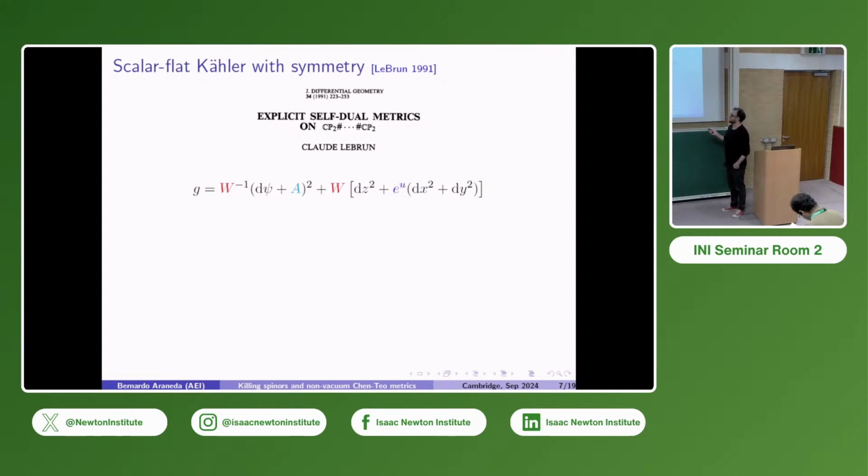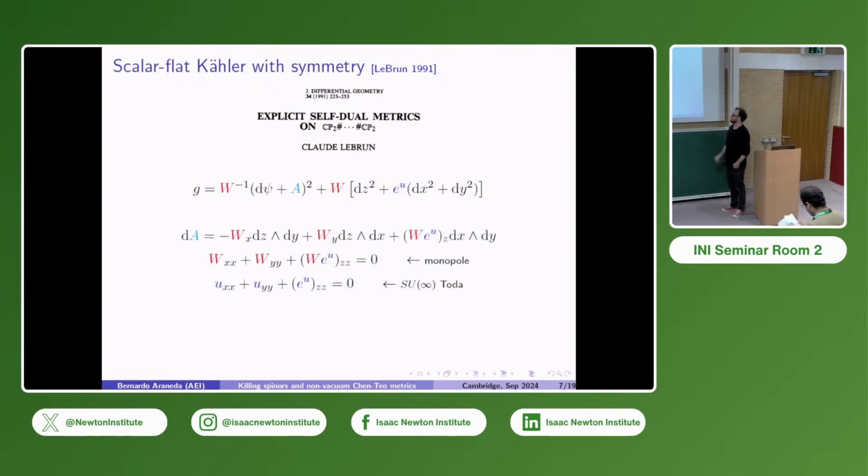Now, what are the relations between these variables? LeBrun showed that there is a generalization of the Gibbons-Hawking condition, which relates the derivatives of A, W, and U. This has an integrability condition, which is this equation in the middle here, called the monopole equation.